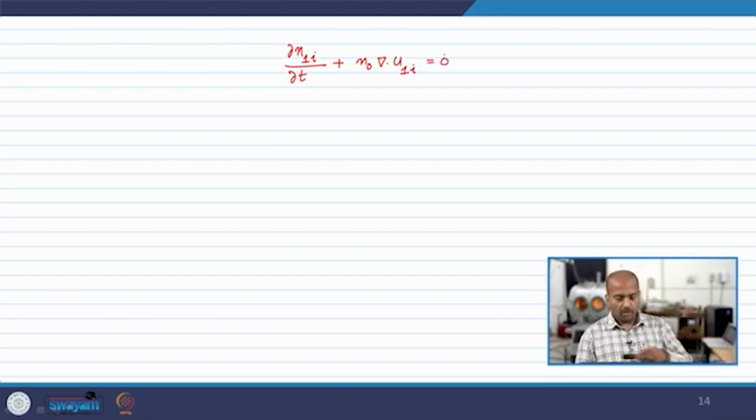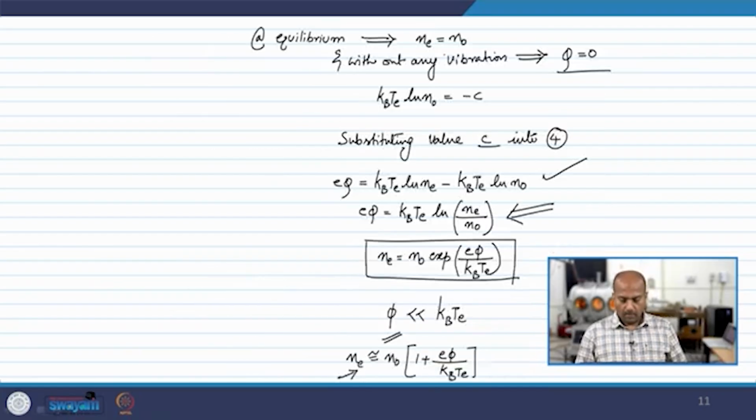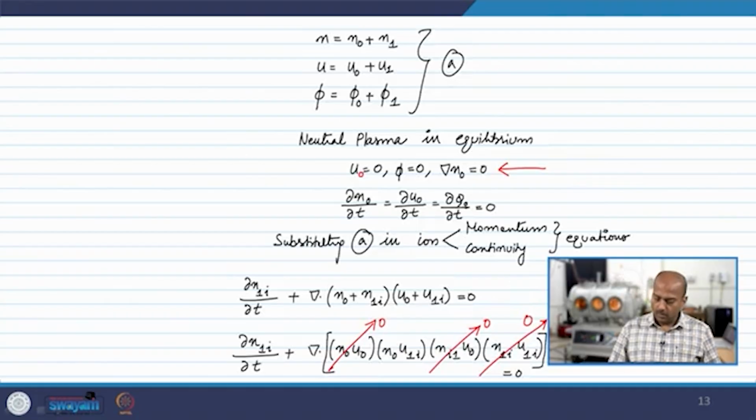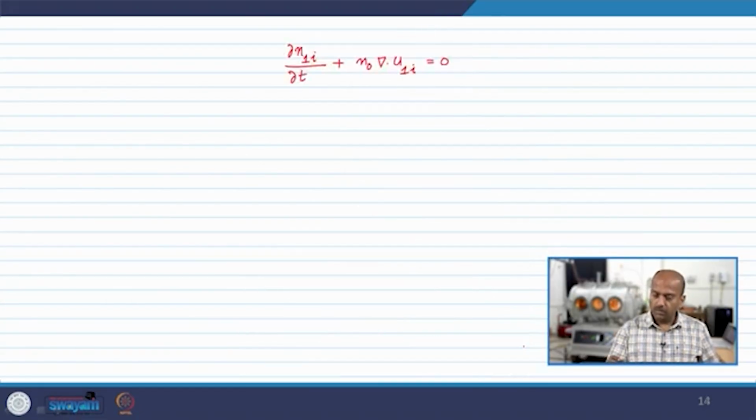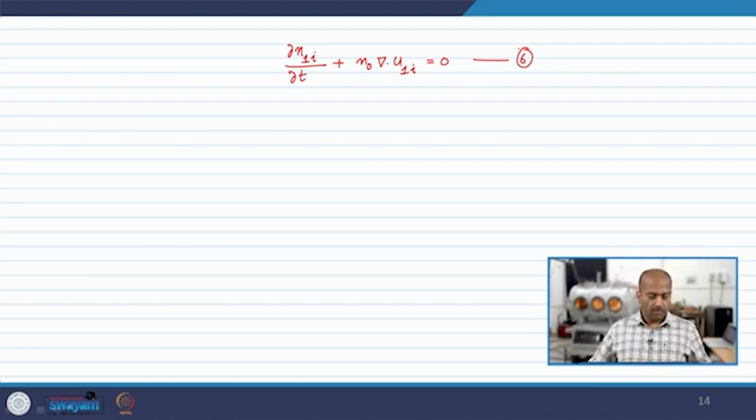So, what is the equation number here? Let us call this equation 5, and this is equation number 6. Okay, so we will continue this class by applying the perturbation into the ion momentum equation in the next class.